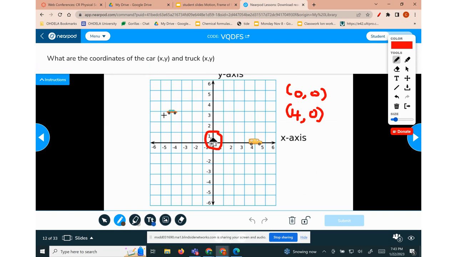Now the car over here is at -4, 3. All right. Now the distance between that, we would have to make a right triangle. Figure this out. Now this is a 3, 4, 5 right triangle if you remember your Pythagorean theorem. So this is a distance of 5.